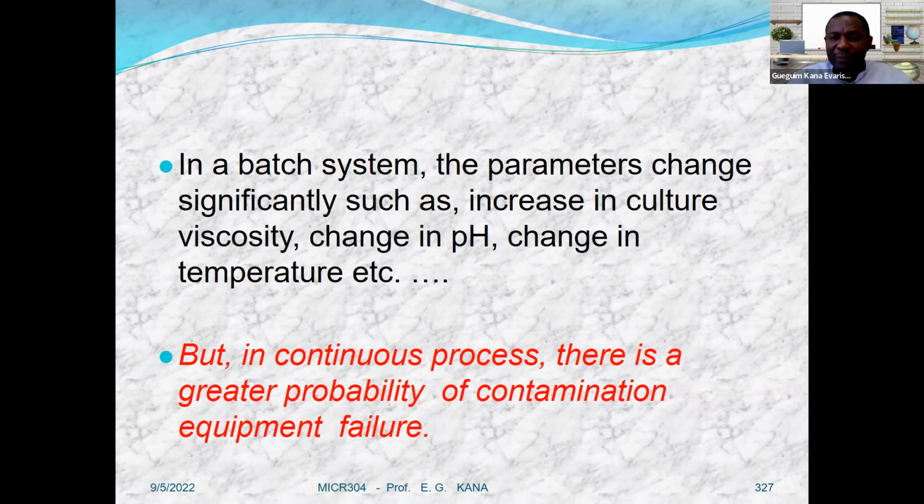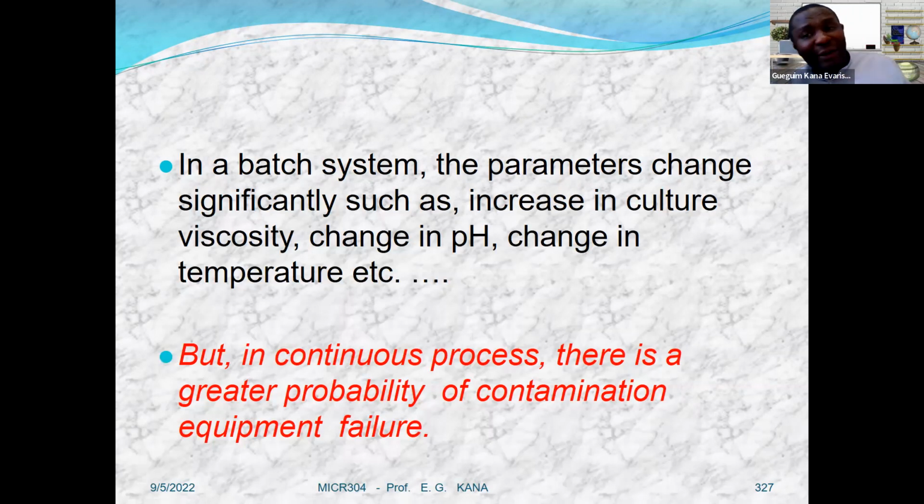The biomass concentration will not be constant because cells will be growing in the reactor. Nothing is being taken out. The pH will change due to the metabolic activity of the cells, which may be producing organic acids or other metabolites. The temperature will change as well. The only thing that gives you a false impression of a stable system is the specific growth rate, which is mu max during the exponential phase.